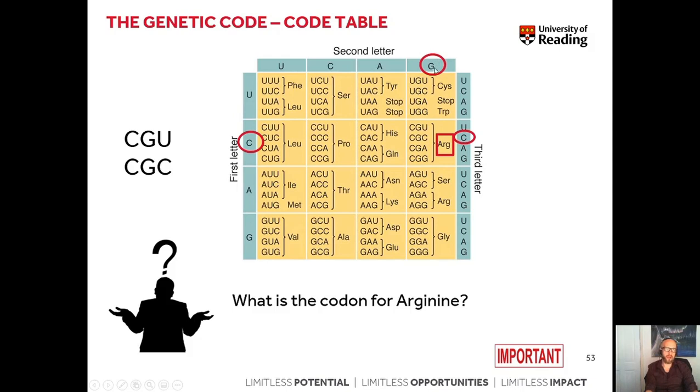The second letter, G, remains unchanged. However, the third base is going to be a C. This is the second possible combination. If we follow this exercise further, then we will end up with CGA, and the final combination is CGG. Those are the codes for arginine.